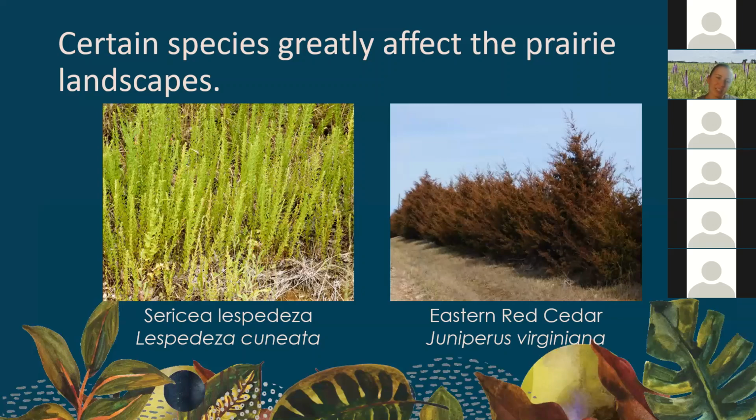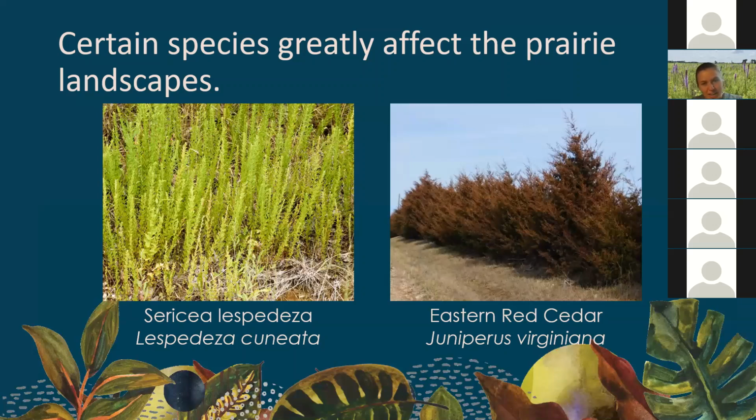So you'll see here Sericea lespedeza, which is in that Fabaceae family. So it is a bean. It has very long seed life in the soil and has kind of a woody stem to it. It is very challenging to manage because of how long that seed can last in the soil.